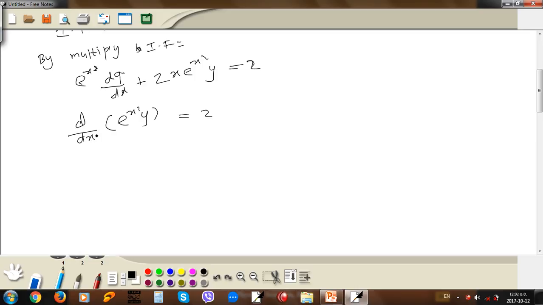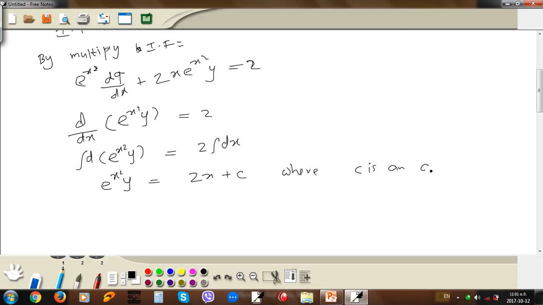Then you can integrate by separating variables: e^(x²) y equals the integral of 2 dx.